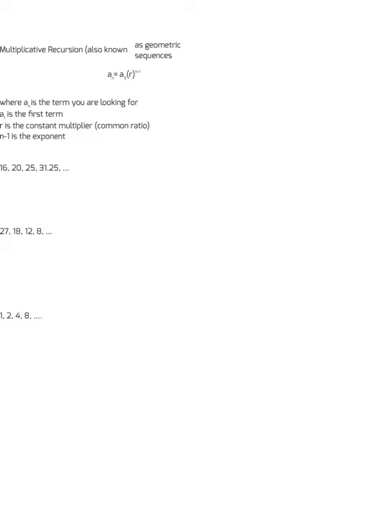So let's take a look at the first example here. The series is 16, 20, 25, 31.25. So what you have to do first is find the common ratio, the constant multiplier. You're going to take the first two terms and divide the second term by the first term.